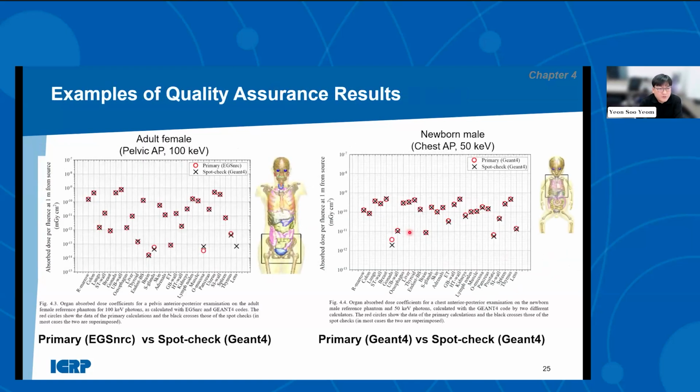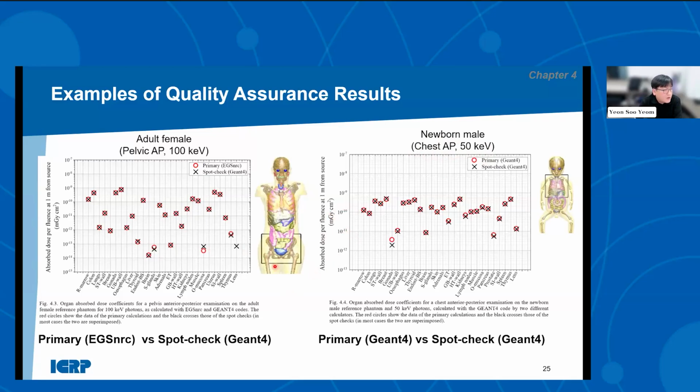Here are also some examples of the quality assurance results. The left is the adult female pelvic AP at 100 kV, and the right is the newborn male chest AP at 50 kV. You can see there is excellent agreement between primary and spot check calculations for most of the organs and tissues.